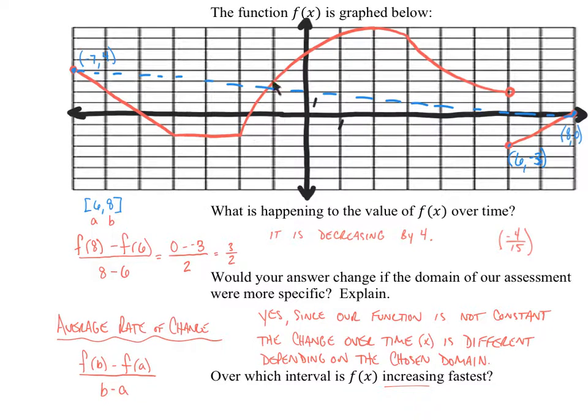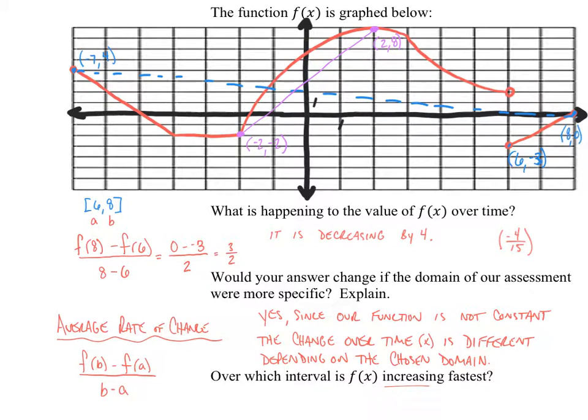It looks like our function is increasing really, really quickly over this interval. So what I could do is test the average rate of change from this point to this point. All right, and let's see what we would end up with. The first point is the point (-2, -2), and the second point is the point (2, 8).